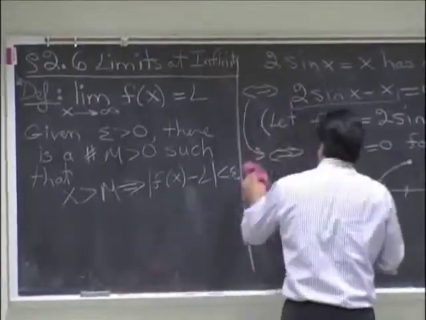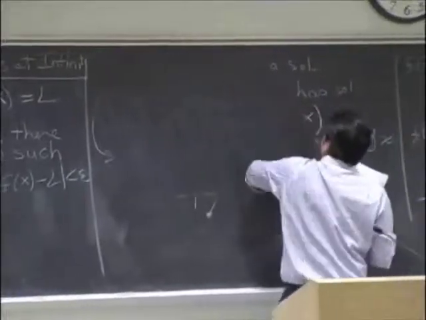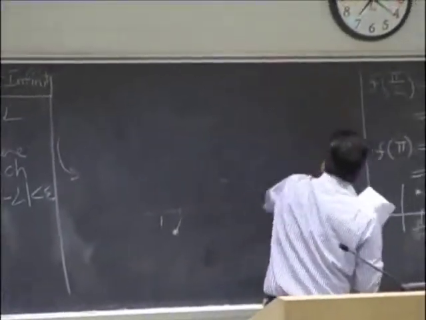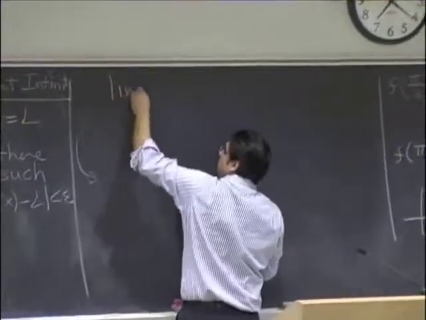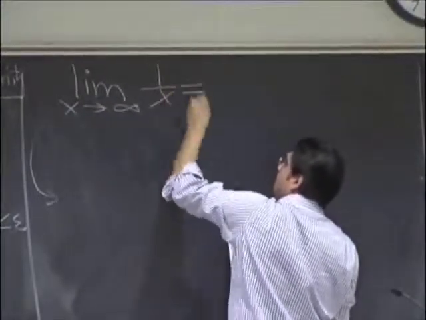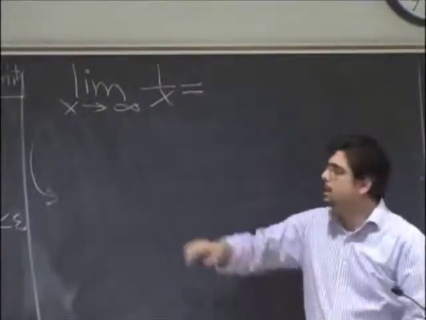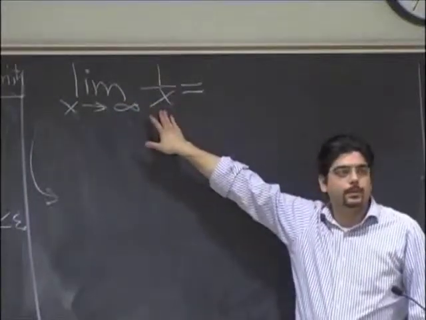Well, let's look at a picture here. The limit as x goes to infinity of 1 over x, right?